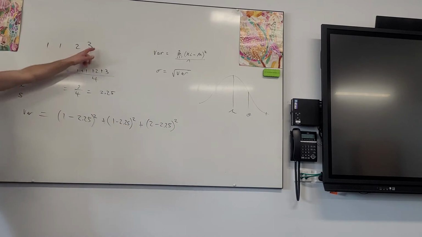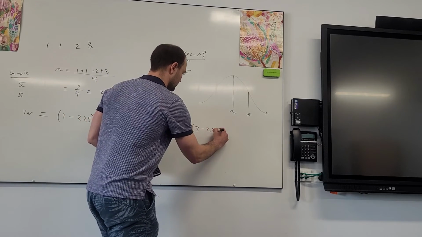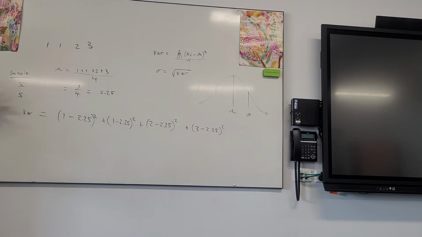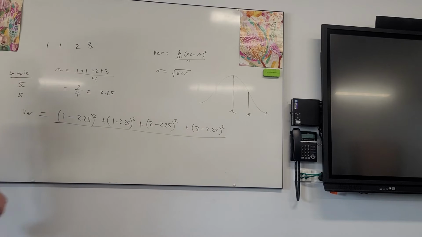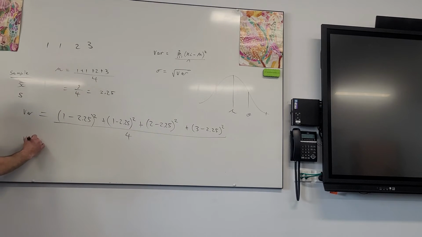And then the last data piece is 3, so it's going to be plus 3 take the mean, squared. Okay, so I'm going to add all of them up and then divide that all by how many data pieces there are. 4. Okay, so I'm going to do that in my calculator now.